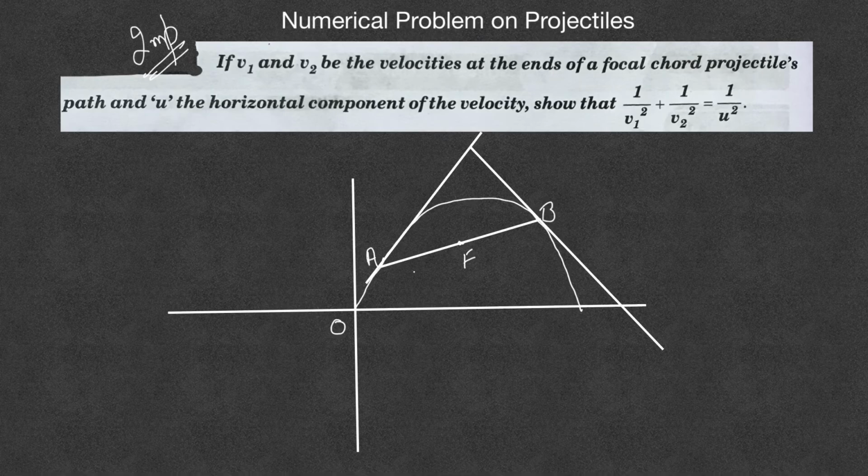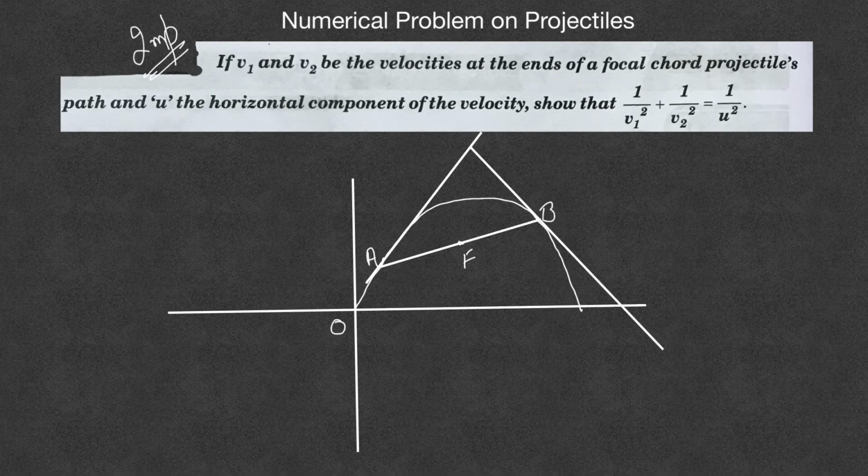So we know that whenever tangents are drawn at the ends of the focal chord, that is point A and point B, then those tangents meet at the directrix.